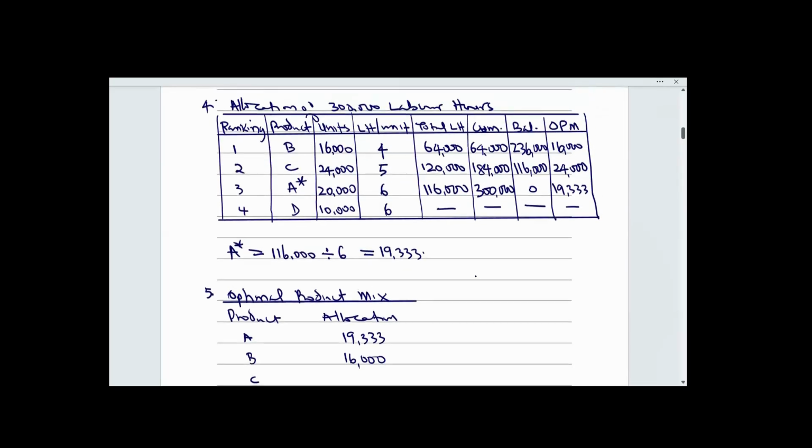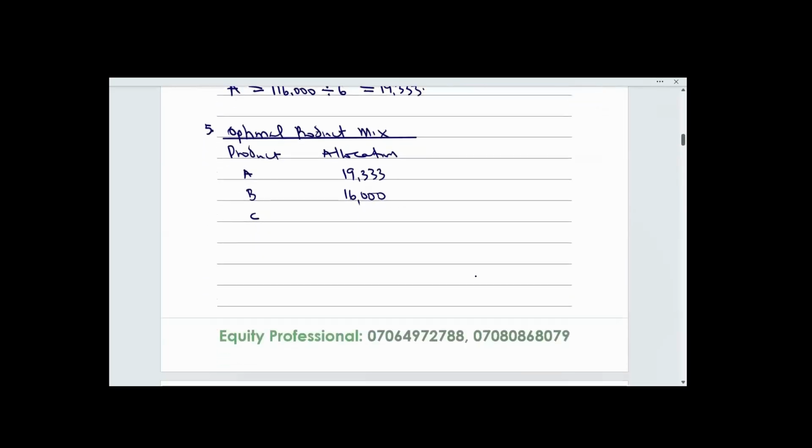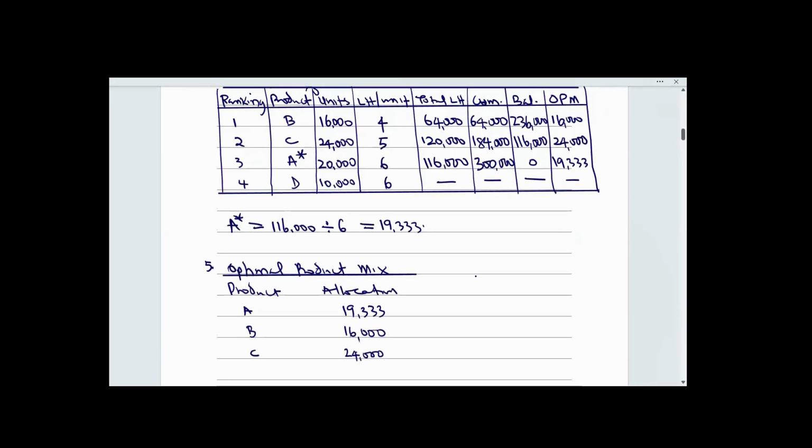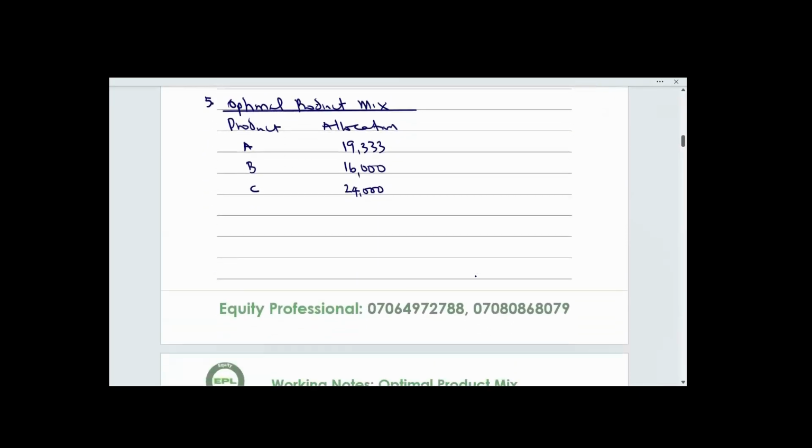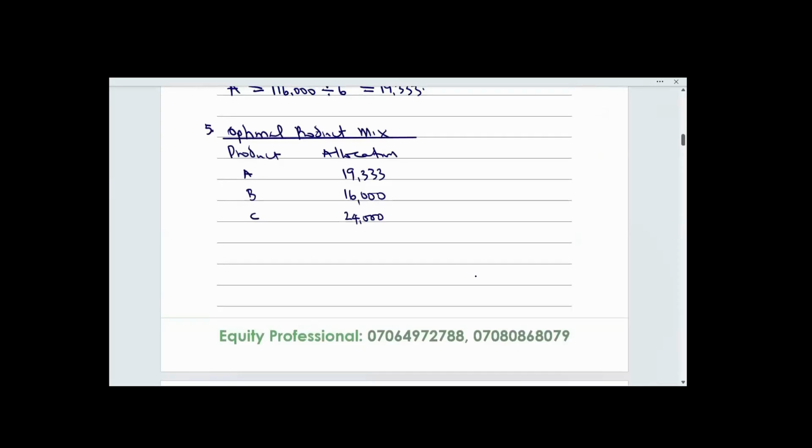Then for C, we are producing 24,000. These are the units that will maximize contribution as well as profit for Amarachi Bottling Company Limited.